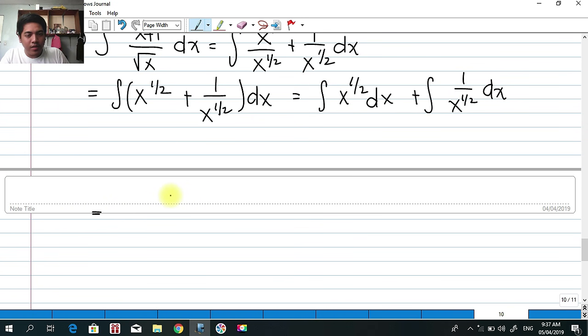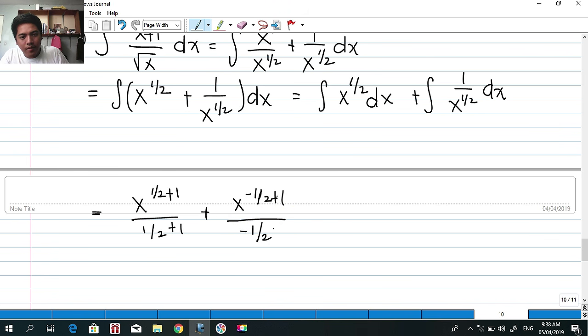So the integral of x raised to 1 half is x raised to 1 half plus 1 over 1 half plus 1, plus x raised to negative 1 half plus 1 over negative 1 half plus 1, plus c.